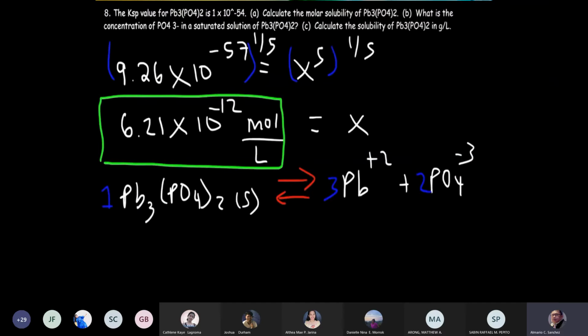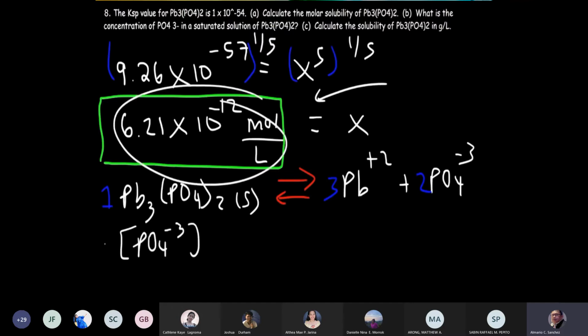So to calculate the concentration of phosphate, notice that it's twice the amount of lead 2 phosphate dissolved in the solution. It's a 1 to 2 ratio. So if this represents the solubility of this substance, then the concentration of phosphate is simply going to be this number multiplied by 2.